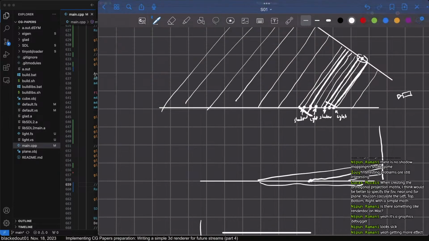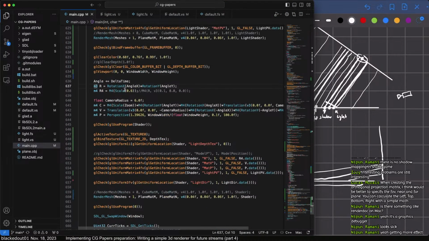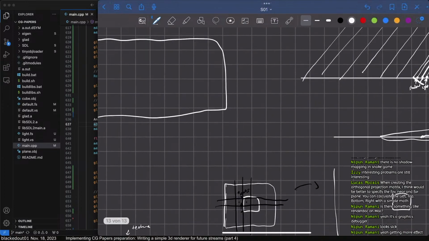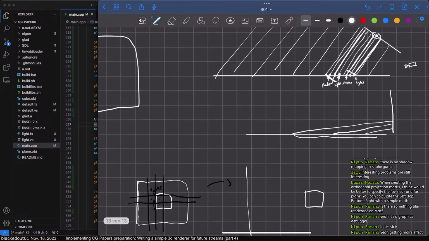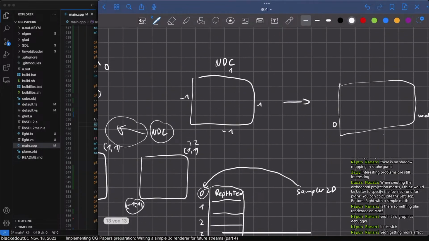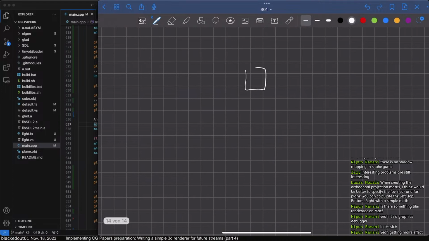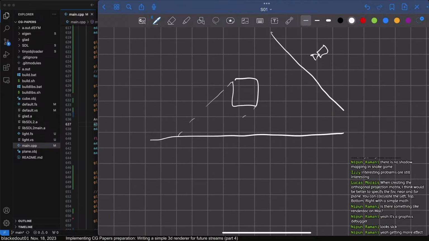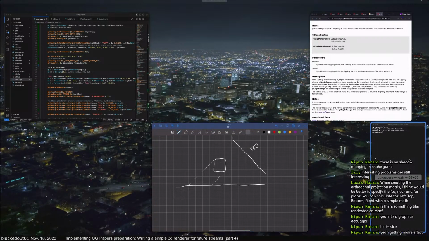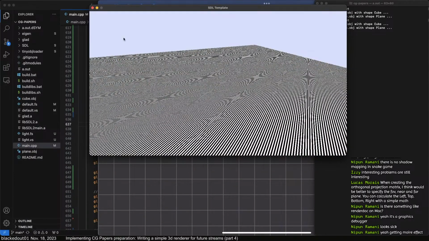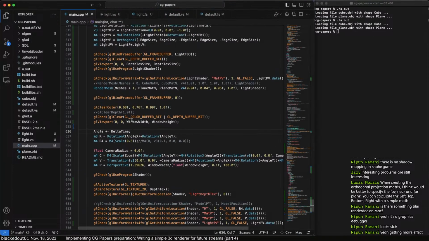But there is, in my opinion, a way better solution, which is to just draw the back faces of each of the models when rendering the light's perspective, because shadow acne only occurs on the part that is actually lit.